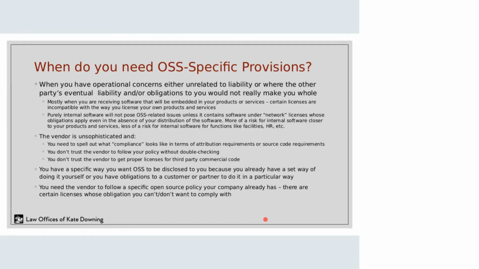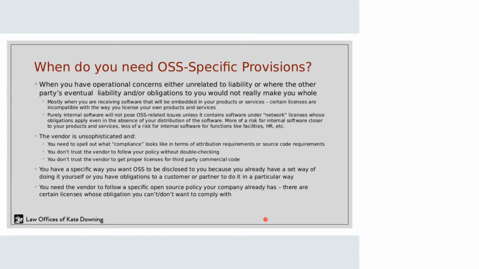Or what it means when you say, hey, we need you to comply with the open source licenses. And so in cases like that, you're writing these provisions to make sure that people are doing what you need them to do, and you are writing them more in order to provide operational guidance than in order to shift risk.